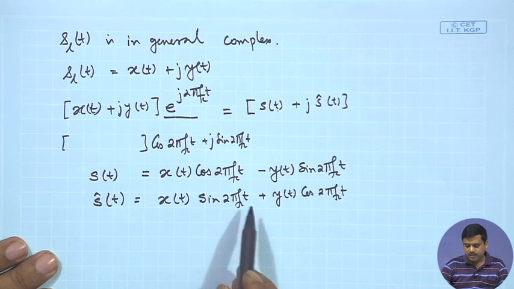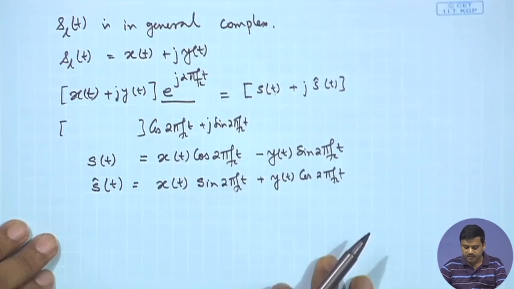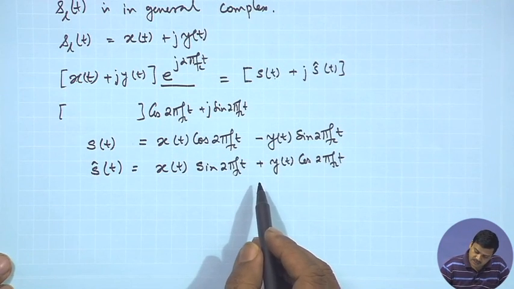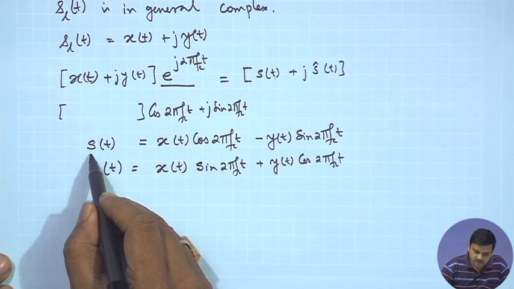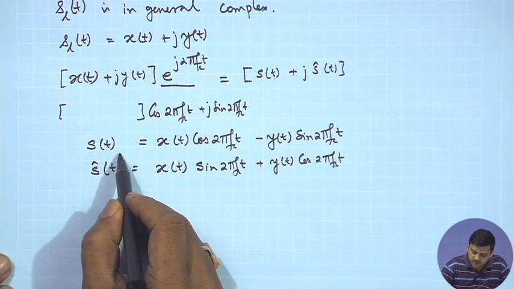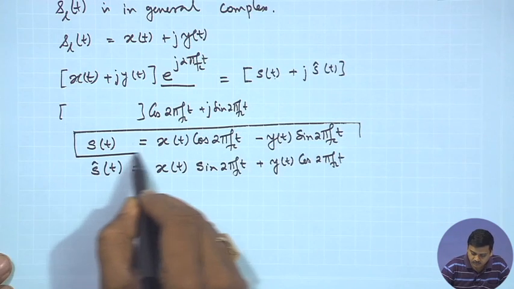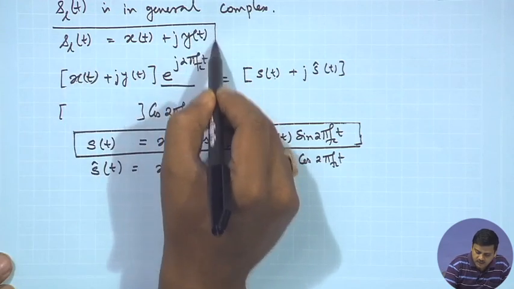What you are seeing is that, with the Hilbert transform, it is the 90-degree phase shifted version of S of t that we are getting over here. Plus, S of t, which we said is the real valued signal which goes out, is of this form, where S_L of t is of this form.